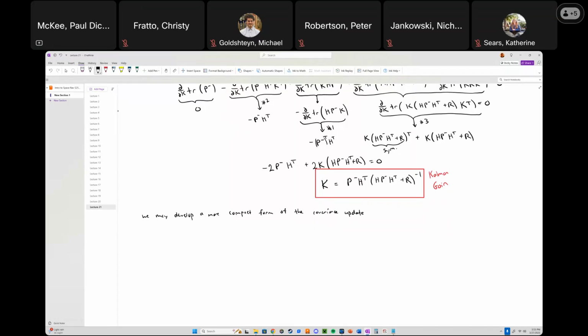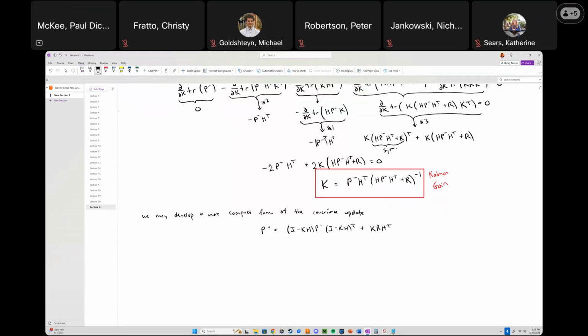Okay, so remember, we said that P plus is equal to (I minus KH) P minus (I minus KH) transpose plus K R K transpose.